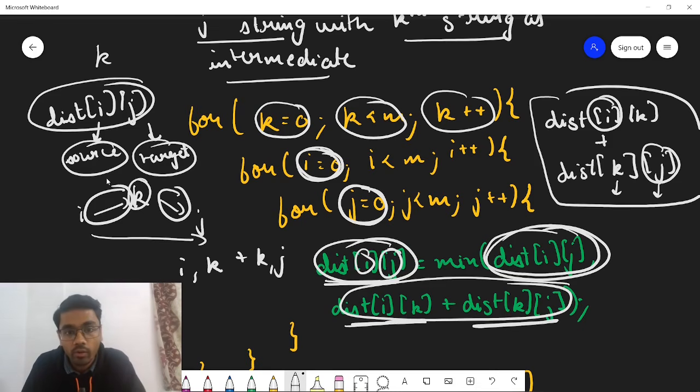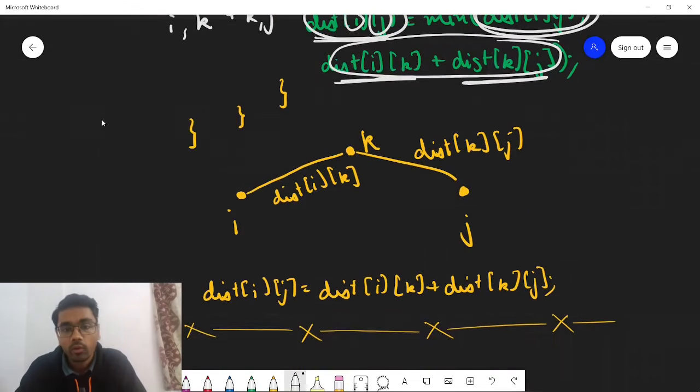So this is what we are doing. We will pre-compute the minimum distance for each and every source string to each and every target string. This is the pre-computation part. You can see here also how the Floyd Warshall algorithm looks. We have this ith string, we need to convert it to the jth string with the kth string in between.